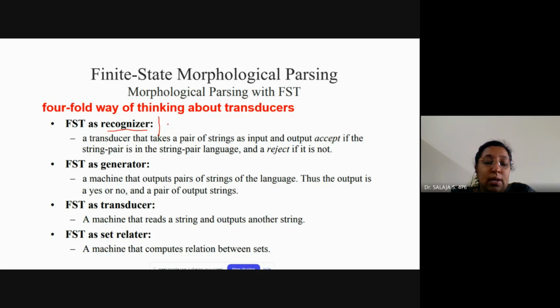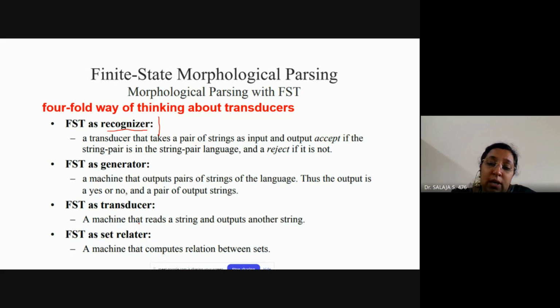This is also called the acceptor. Now it takes in a pair of strings, checks whether it is accepted or not accepted. Then you call it a generator. Now, having a pair of strings, you can always go ahead and generate a new output.